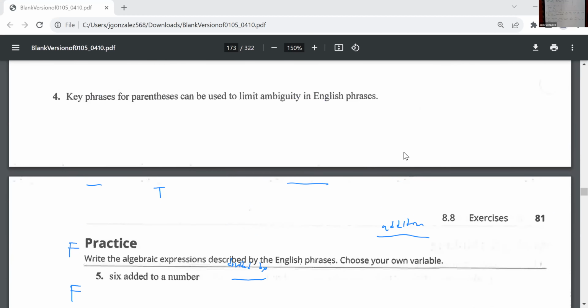Four. That's kind of what we were talking about earlier. We said you have to be careful with those parentheses and make sure they're emphasized. If they're not emphasized, then we have ambiguity. Okay.